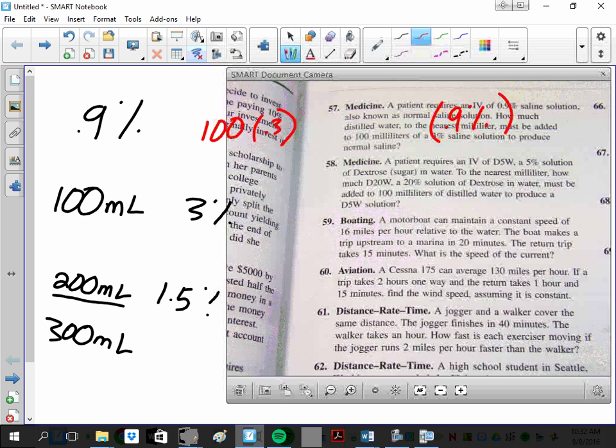Plus X amount of water. And what does adding X do to this ratio? We're going to keep adding X until we reach 0.9. So how much water will there be total? X plus 100.